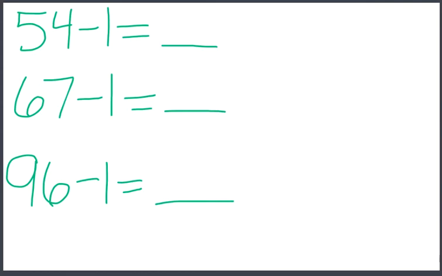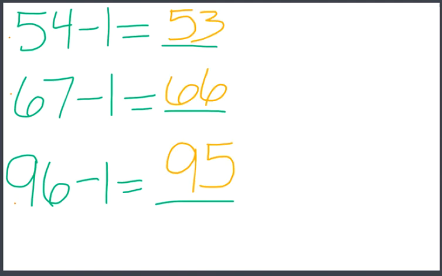And let's look at 3 more problems. 54 minus 1, 67 minus 1, and 96 minus 1. And what patterns do you notice with each problem? 54 minus 1 equals 53.